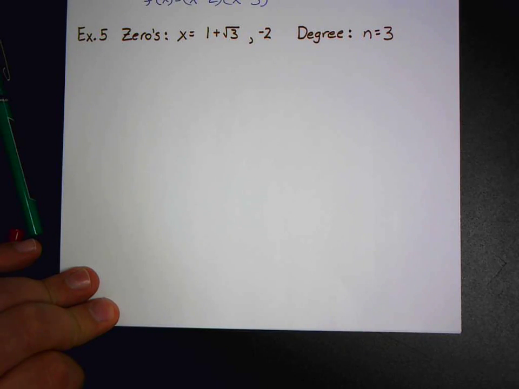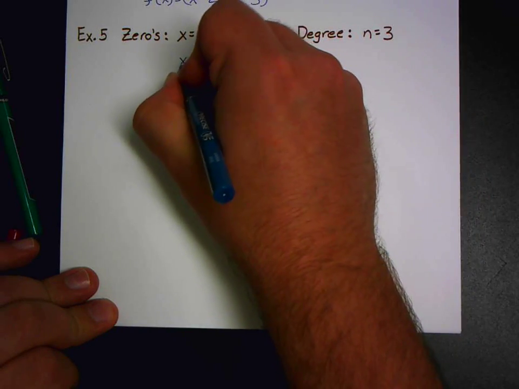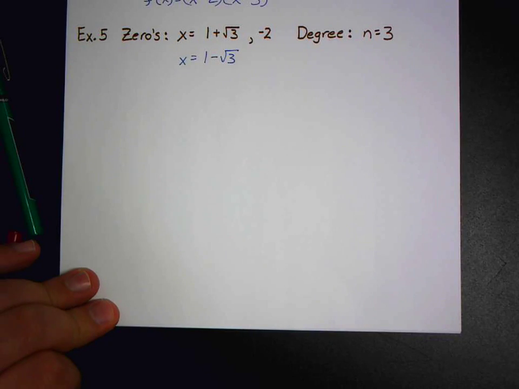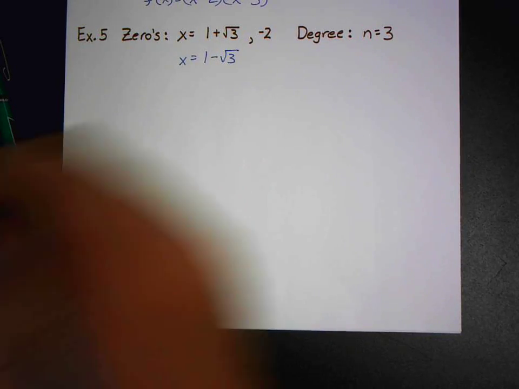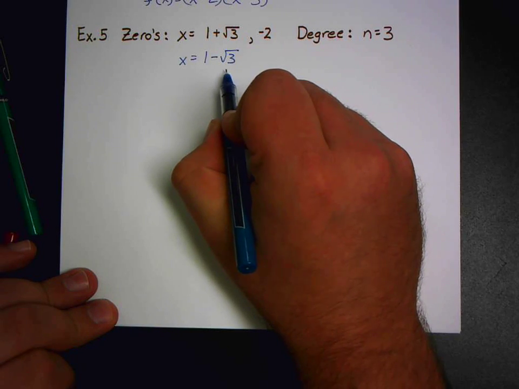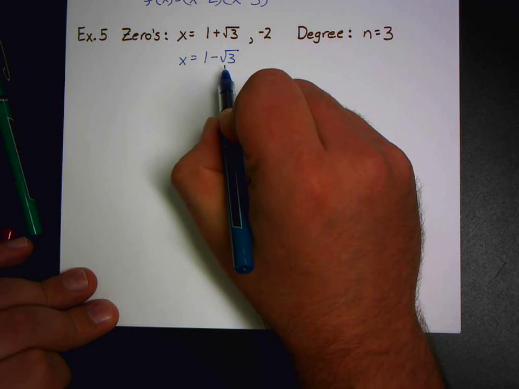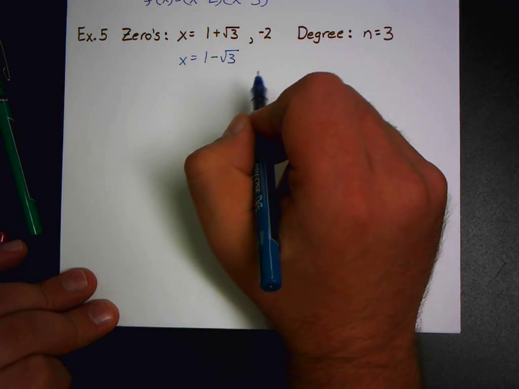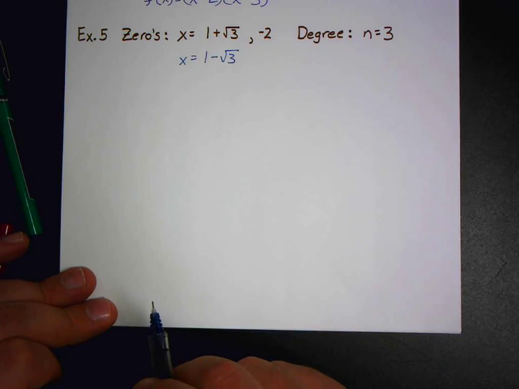Yeah, 1 minus radical 3. Since they have to occur in conjugate pairs, since you have a 1 plus radical 3, you have to have a 1 minus radical 3. So they're going to do that to mess with you occasionally. Like I said, it didn't show up in today's homework, but I know in some of the homeworks later on it does.